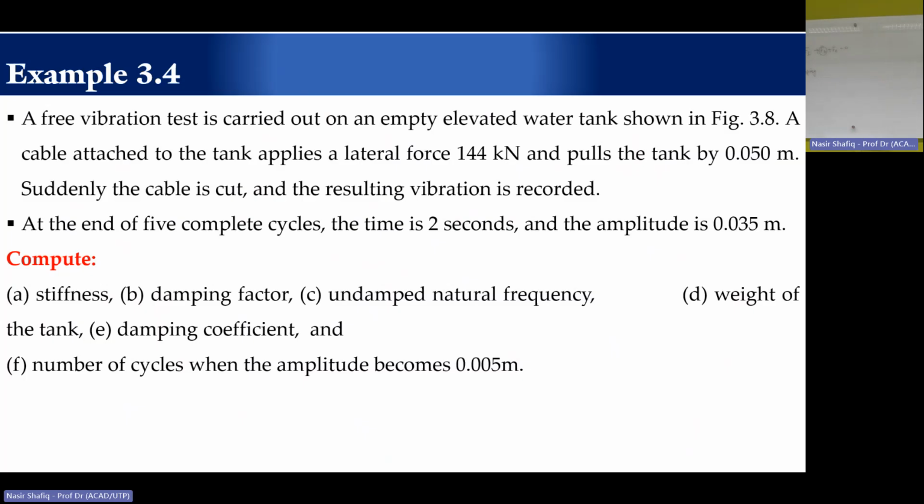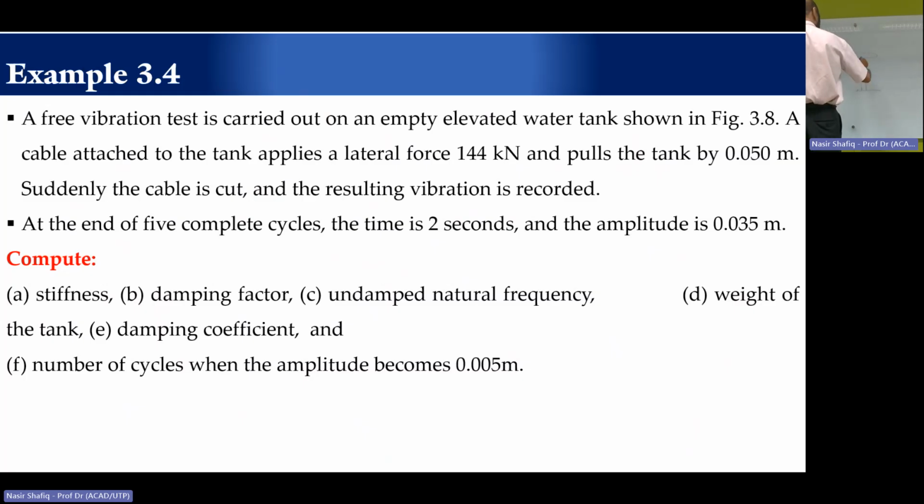There are other examples, as here a free vibration test is carried out on an empty elevated water tank. Free vibration, as we have discussed, means we are not applying an excitation force.